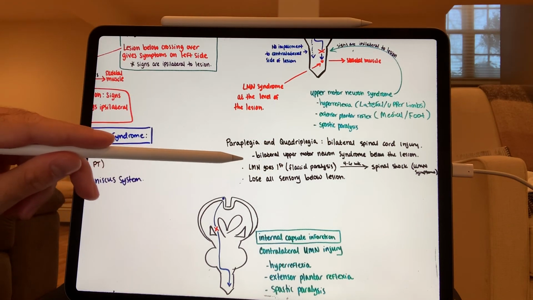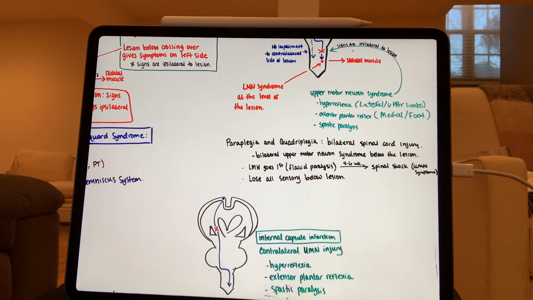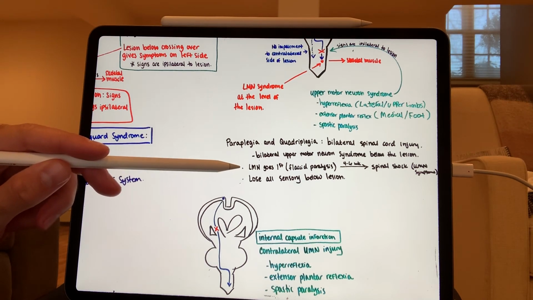And then we went on to say that bilateral upper motor neuron syndrome is below the lesion. So everything below the level of the lesion, which is where you're going to have this injury, is going to be affected. And then we continue to say what we were saying before.